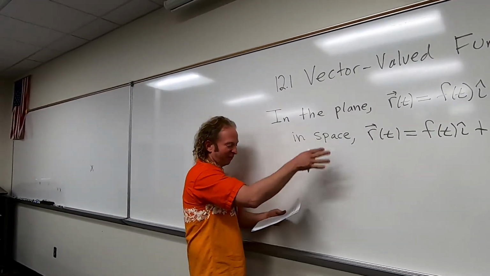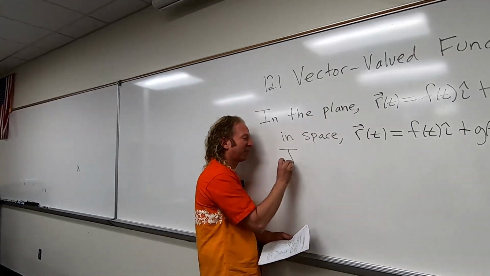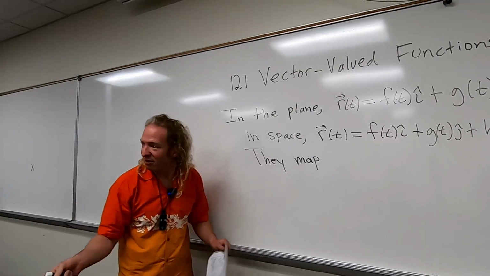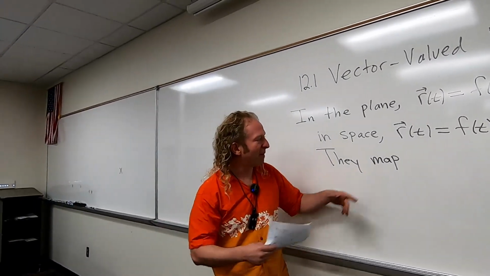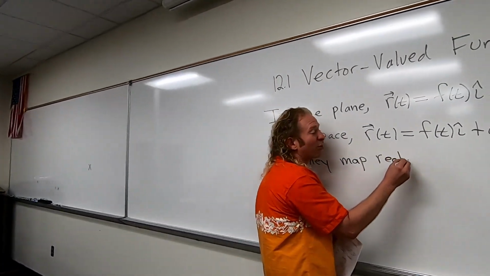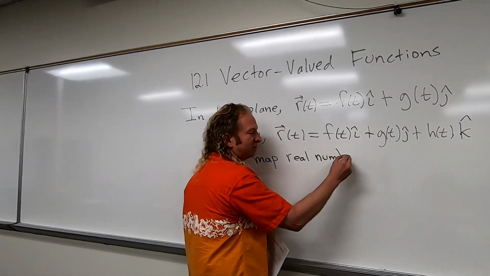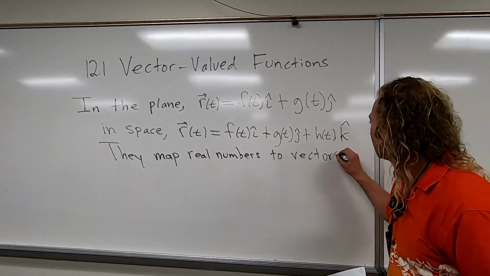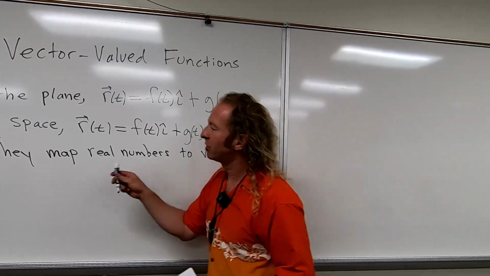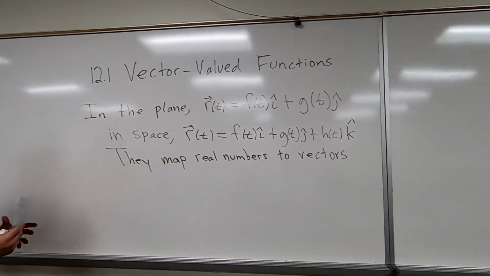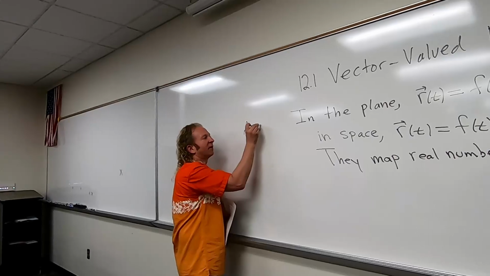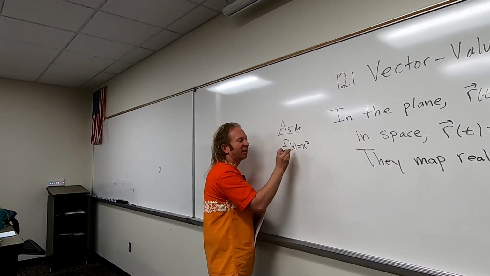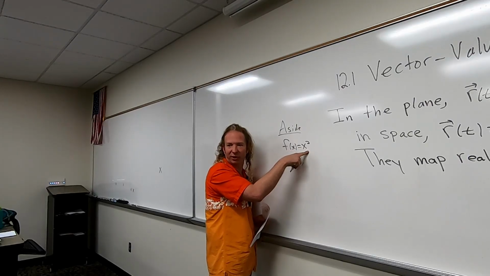These are vector valued functions. They map. Here's a funny word, map. What does that mean, map? Send. That's the word people use in math. They map real numbers to vectors. If you have a function like f of x equals x squared, this maps a real number x to a real number x squared.